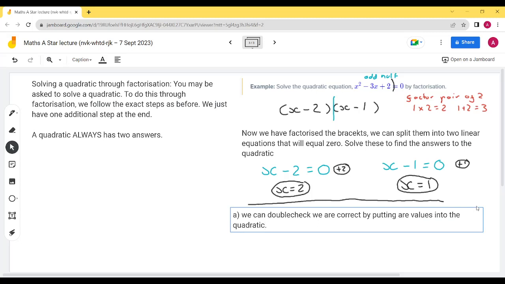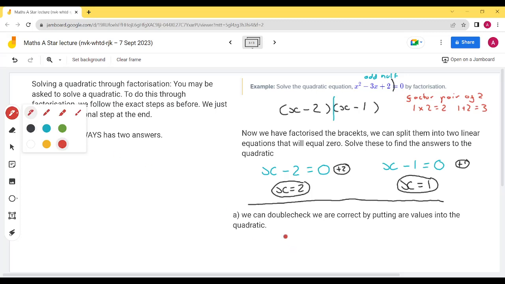We know x squared minus 3x plus 2 equals 0. First, if x equals 2, then we'd have 2 squared, which gives us 4, minus 3 times 2, plus 2 equals 0. Sure enough, because 2 squared is 4, minus 6, plus 2 equals 0.